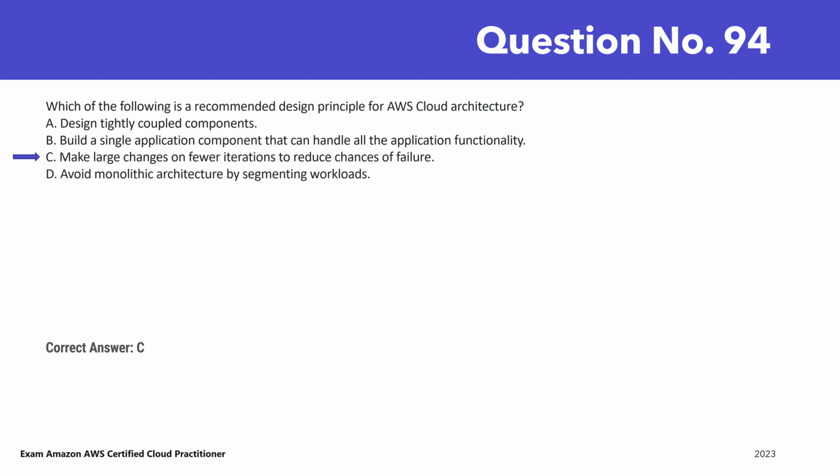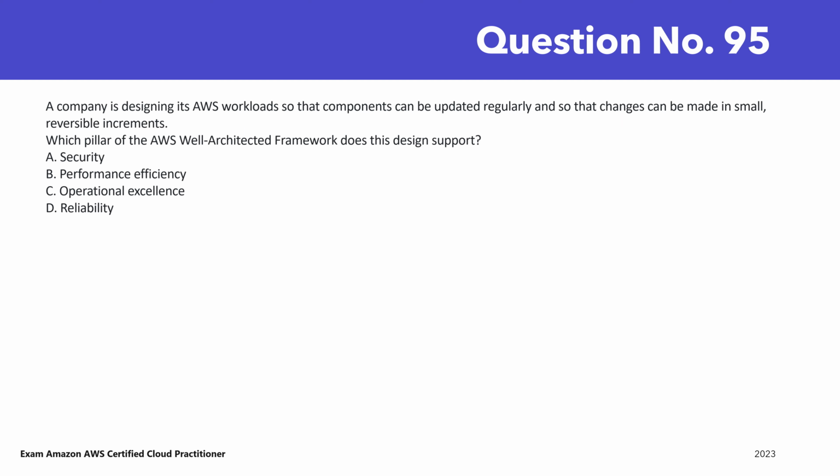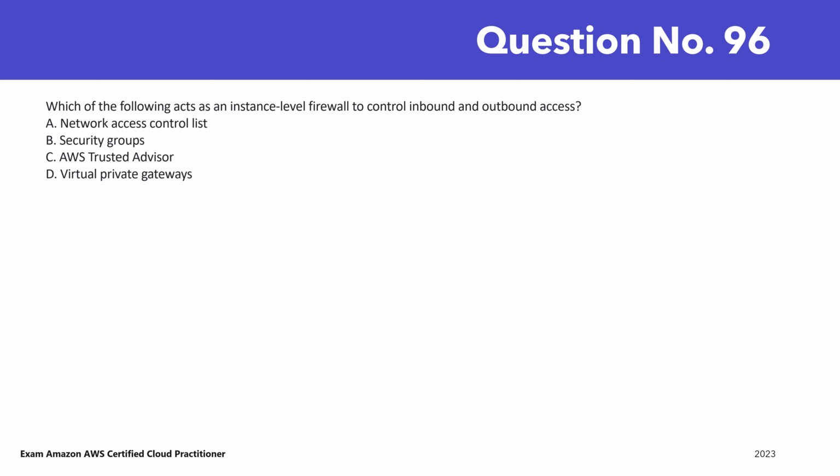Correct answer, C. A company is designing its AWS workloads so that components can be updated regularly and so that changes can be made in small, reversible increments. Which pillar of the AWS Well-Architected Framework does this design support? A. Security. B. Performance efficiency. C. Operational excellence. D. Reliability. Correct answer, B.